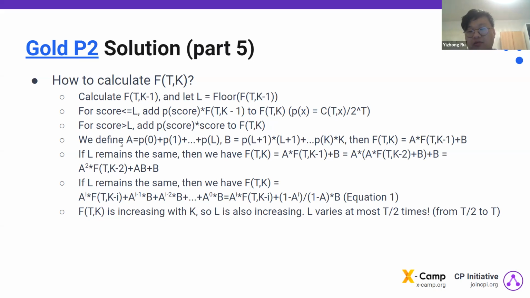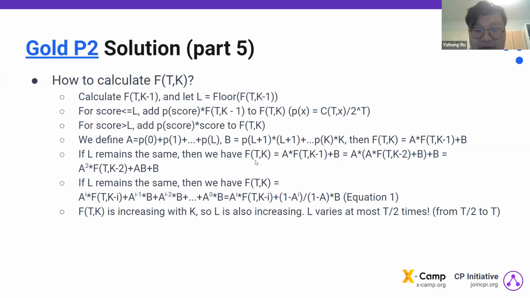When we do the pre-computation, we can define A as the prefix sum of P from 0 to L, and B as the suffix sum of P i times i from L plus 1 to K. Then we have FTK equals A times FTK minus 1 plus B. If L remains the same, if it doesn't change, of course it will change, but first we suppose it doesn't change.